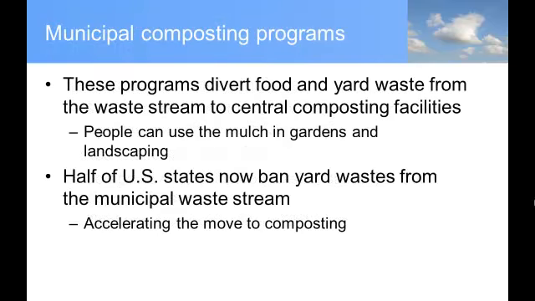Municipal programs can also encourage composting, where the municipalities will collect food and yard waste, maybe separately, and then convert those into a mulch and give those back to the neighbors and the residents for use in their homes. About half of U.S. states now ban yard waste from the municipal waste stream.